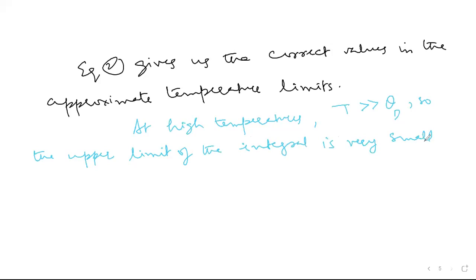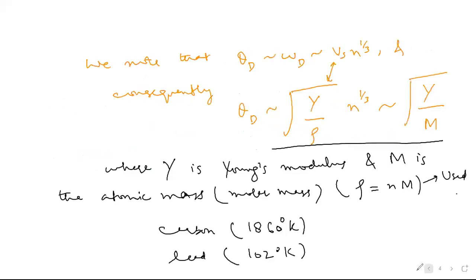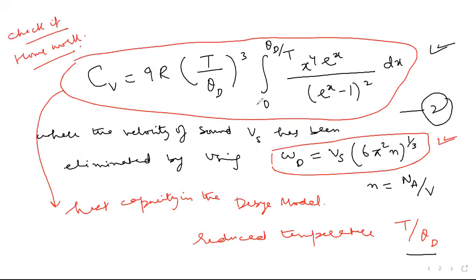I am saying at high temperature T is much greater than theta D, so the upper limit of the integral is very small. Which integral? The integral in equation 2, because the upper limit is theta D over T. When T is larger than theta D, this limit becomes very small.